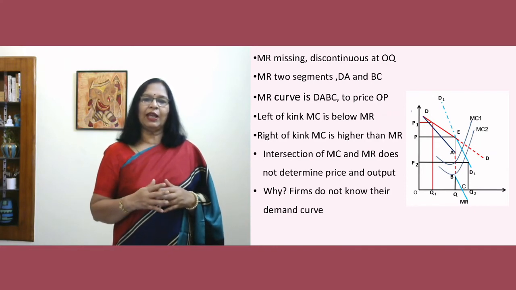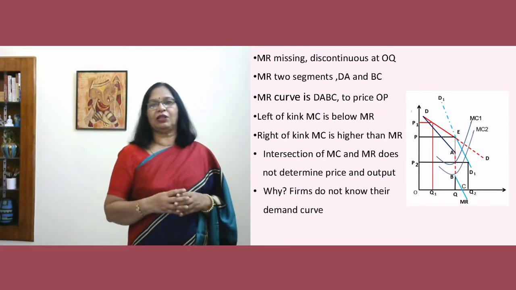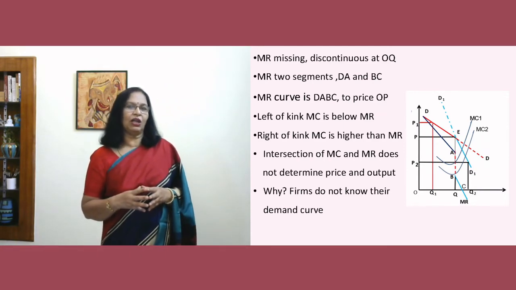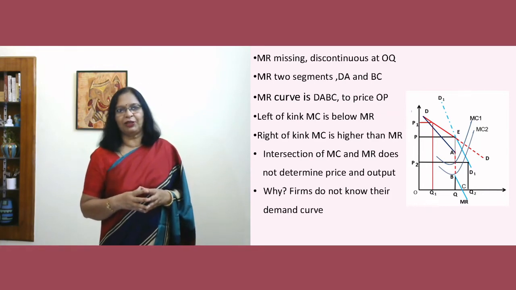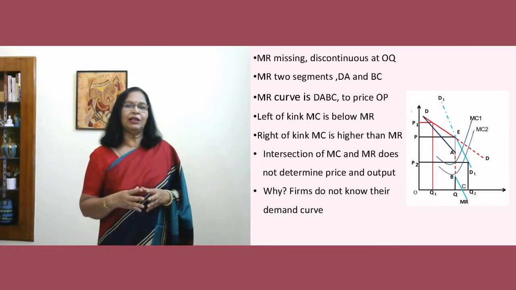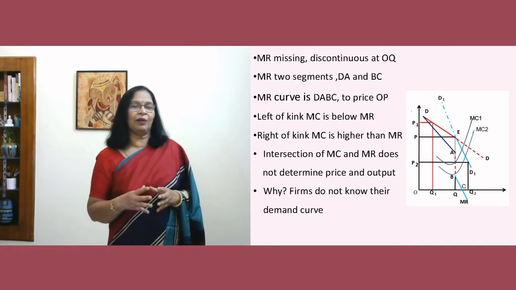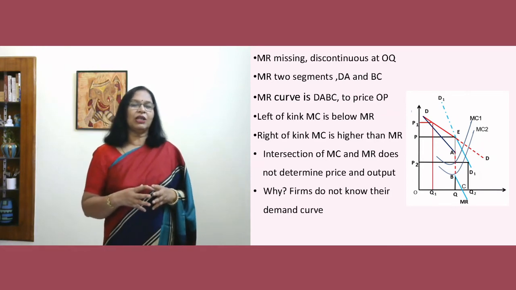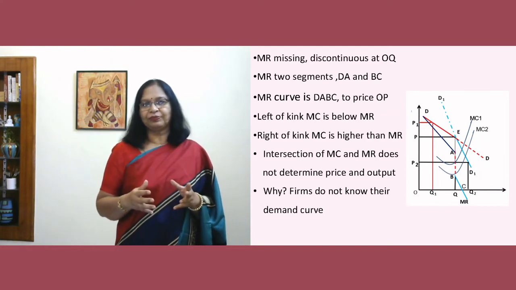And now let us say that we introduce the marginal cost curve. In our traditional theory, we use the marginal cost curve to explain the output and price determination. So now you will find here that though we have introduced the marginal cost in the diagram, marginal cost is not influencing the price or the output.